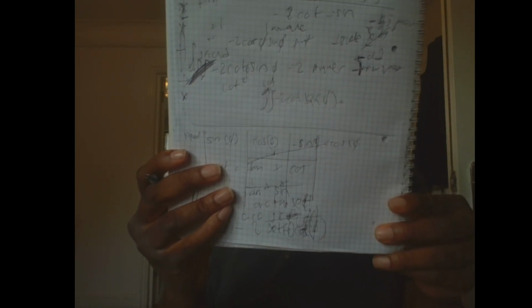Wait, is it minus cosine theta, minus 2 secant times theta times cosine theta? And this is the last example of the page here. So this is the calculus I did.